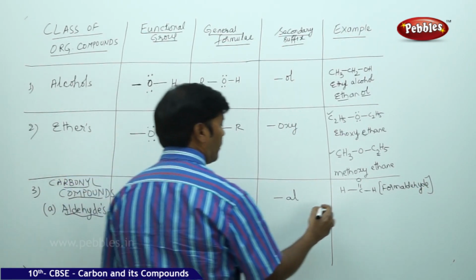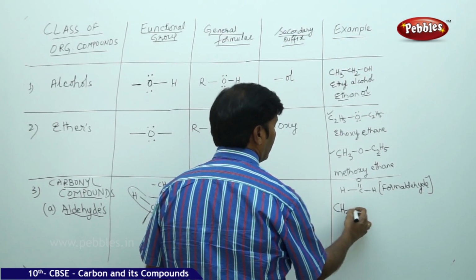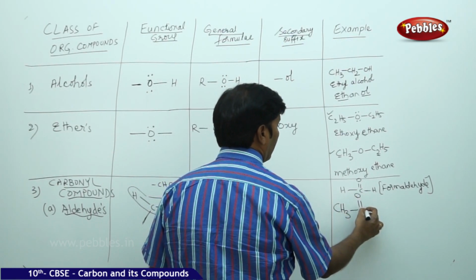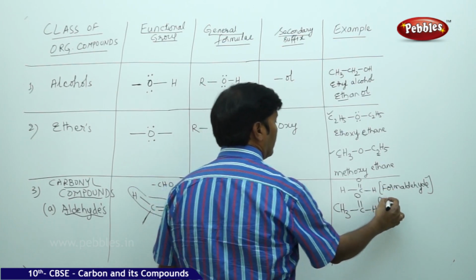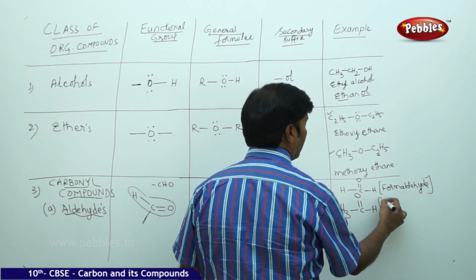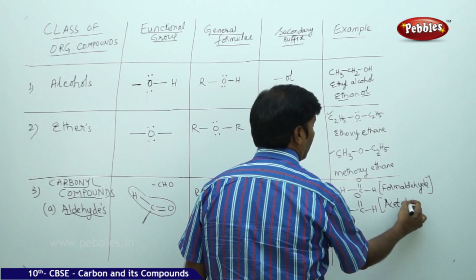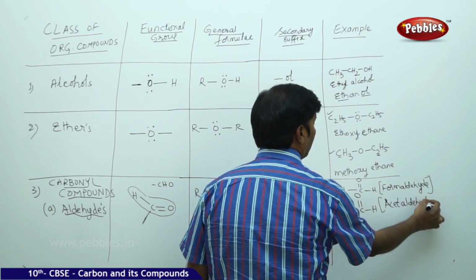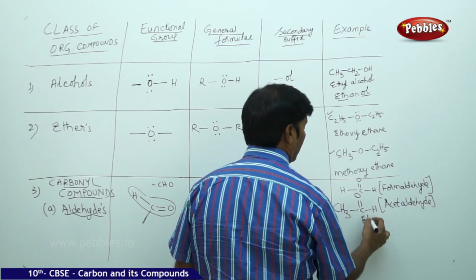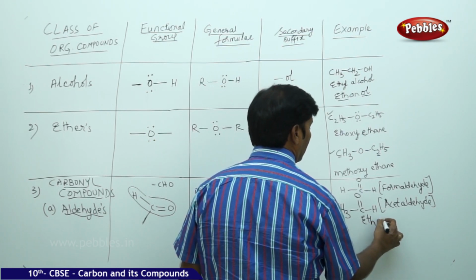One more example is CH3-C double bond O-H. This is acetaldehyde, also called ethanal.